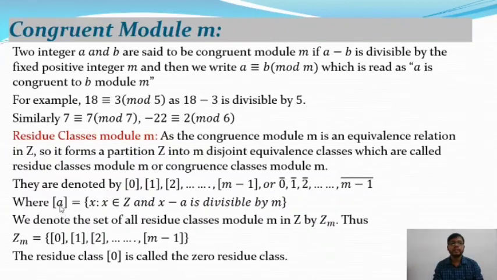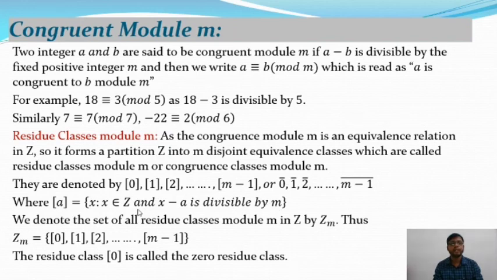Here [a], the residue class of the element a, is equal to the set of x such that x belongs to Z and x minus a is divisible by m.